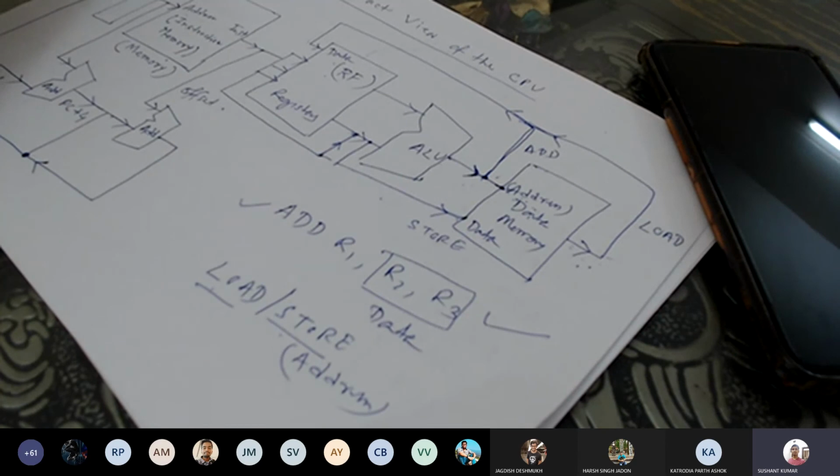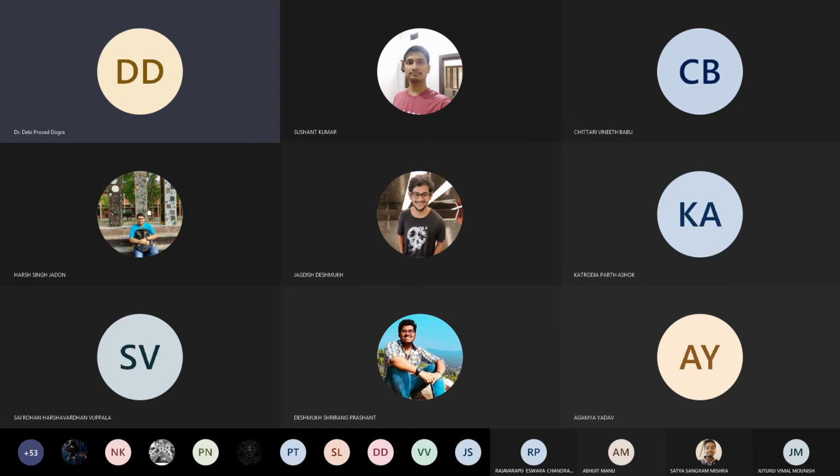Sir, output of ALU can be address as well as data, right? Okay. Just a minute. Let me present my screen. I think this diagram will be much easier. So I'm now switching off my video. I'm now presenting my screen.